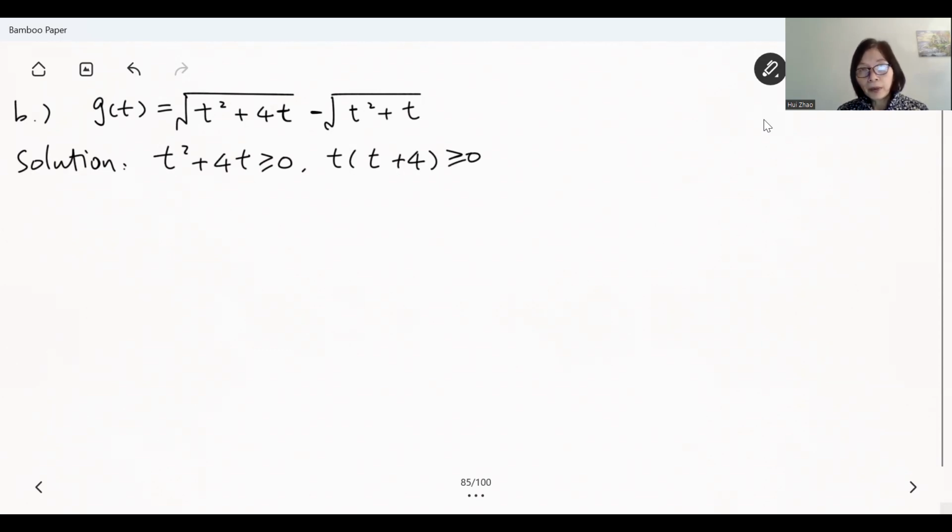So this is an inequality, right? First, if both terms are more than 0, t is more than 0 and t plus 4 is more than 0. That means t is more than -4, right?